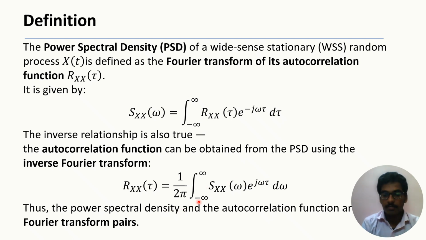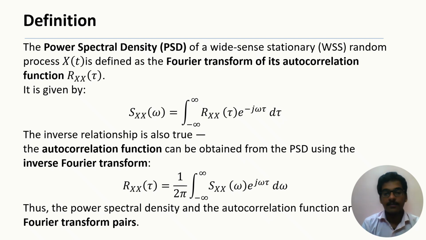That means 1 by 2 pi times the integral from minus infinity to infinity of Sxx of omega e to the power j omega tau d omega. Here Sxx of omega is the power spectral density. This is represented in the frequency domain, that's why we use omega. Thus, the power spectral density and the autocorrelation function are a Fourier transform pair. This is our conclusion, the main thing we should understand.